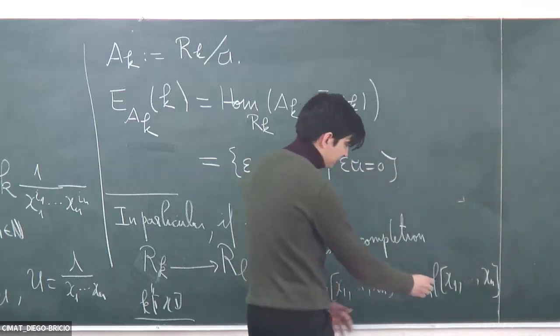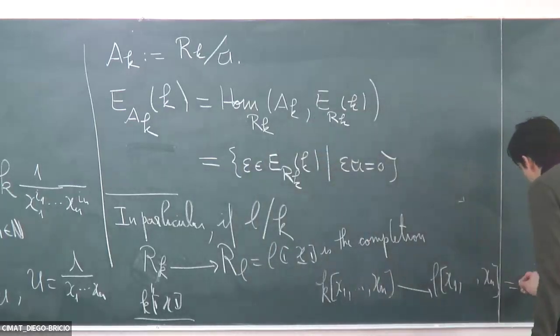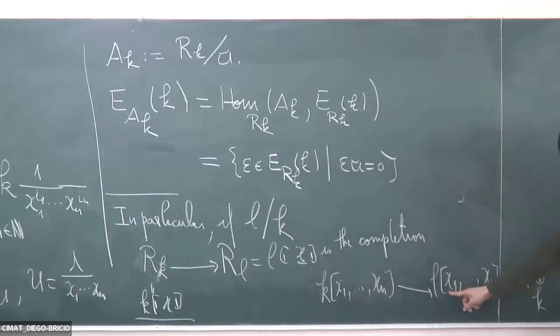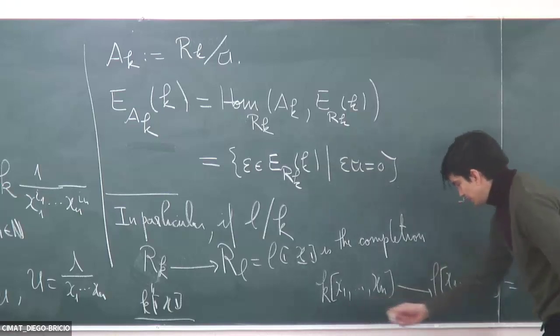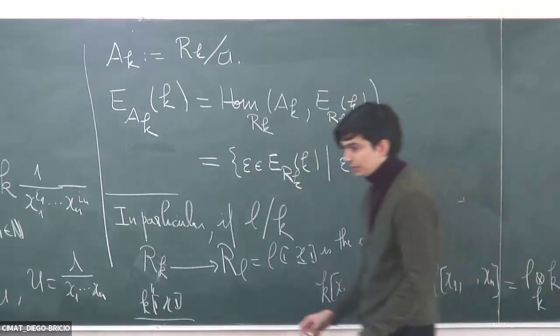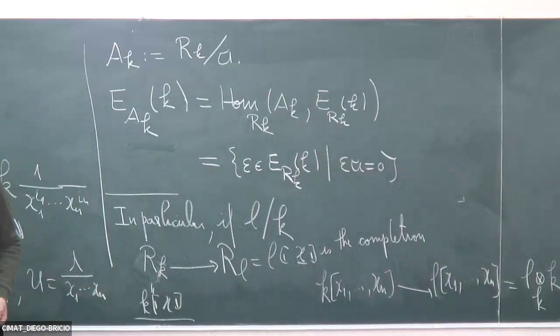Right, this map is very explicit actually, right? This is canonical. So the point here is that since the polynomial ring is finite, this ring here can be thought of as the base change of this other ring over here by L. This inequality here is just not true for power series, because power series are infinite objects.